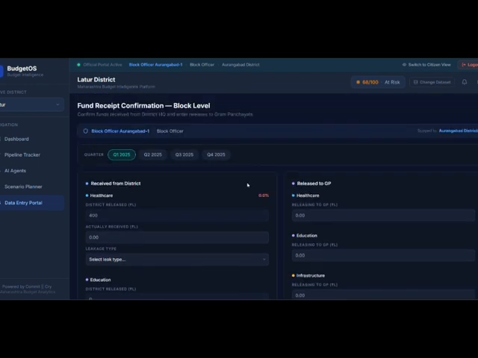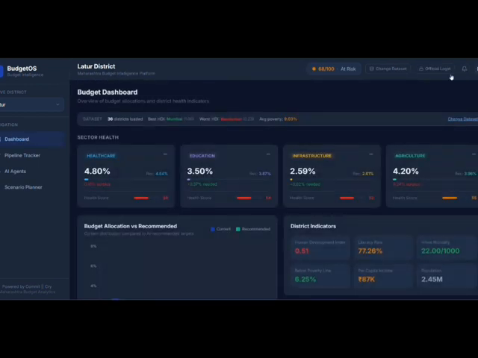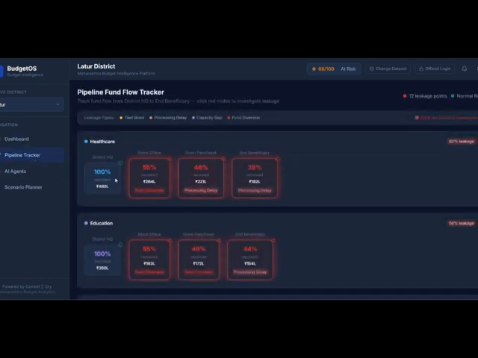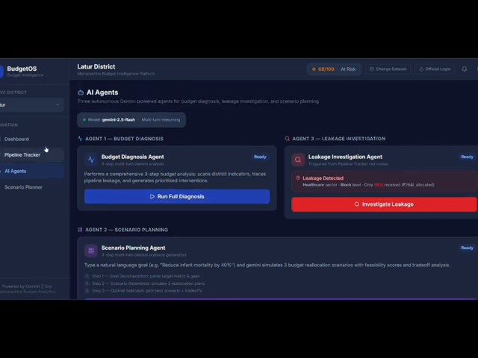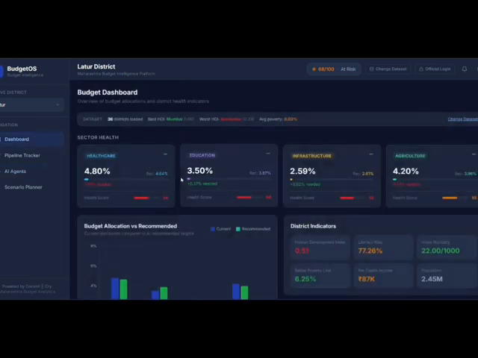So all this data will be collected from here and then used in the pipeline so that the budget can be tracked and implemented correctly, and we can solve this problem.